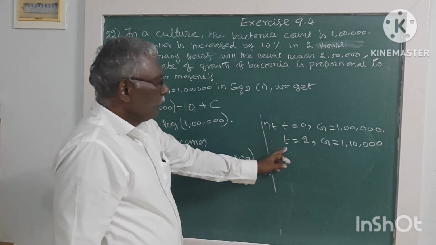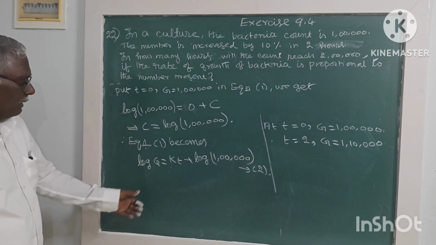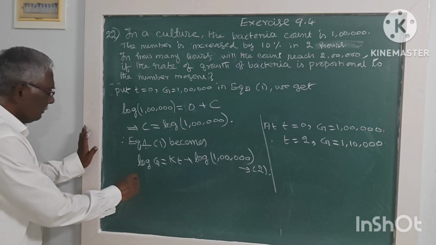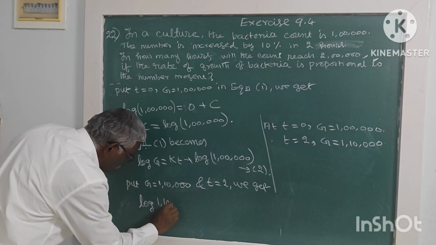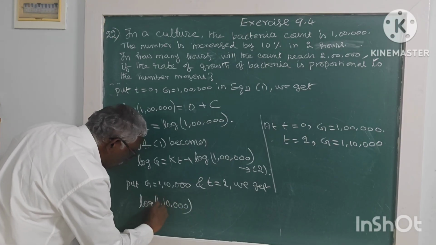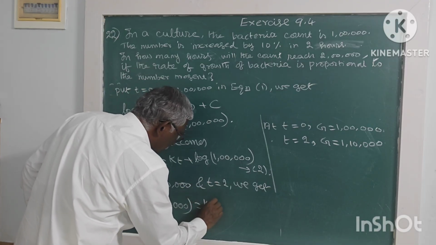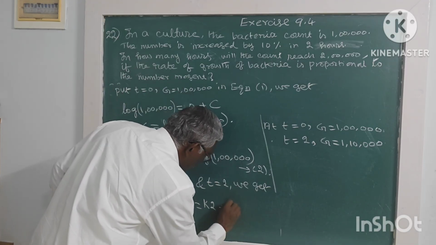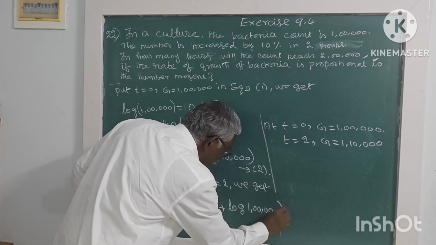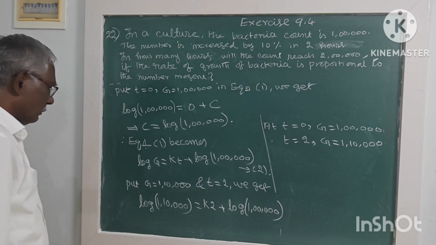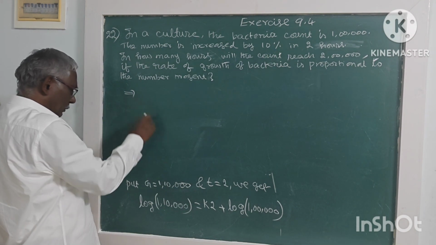So put t is equal to 2 and G is 1,10,000 in this equation 2. We will get the value of k. So we'll find the value for k from here.